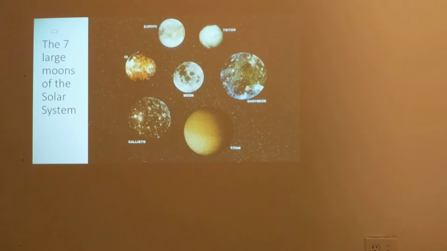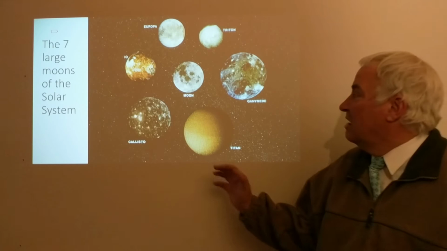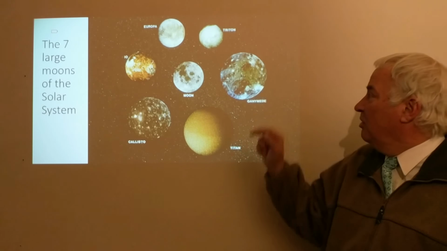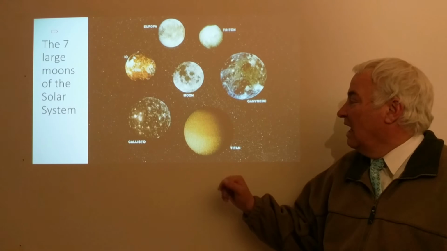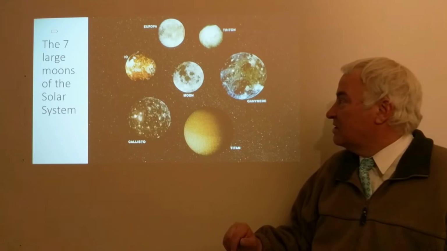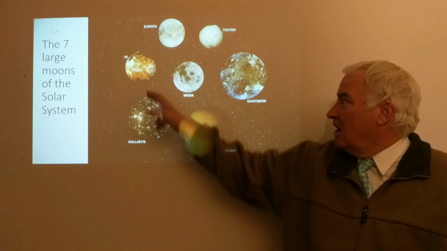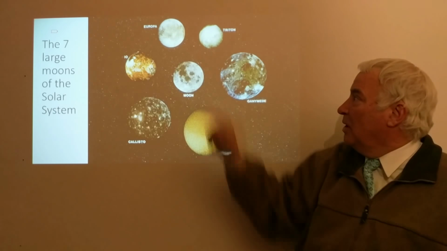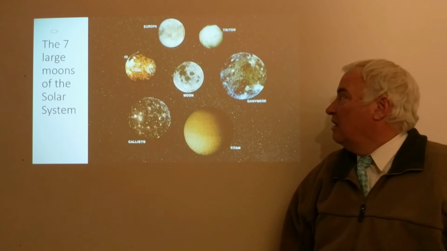So we can think about the 7 large moons of the solar system and see where we fit here. Ganymede, moon of Jupiter; Titan with a thick atmosphere, moon of Saturn; and then the third largest is Callisto. Still smaller are Io and our own moon, and Europa, another moon of Jupiter; and Triton, moon of Neptune.